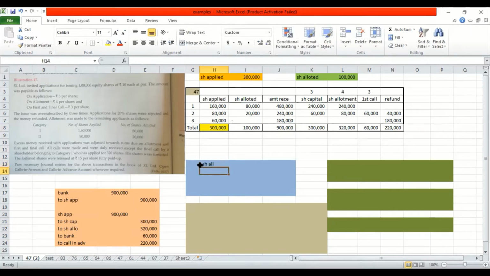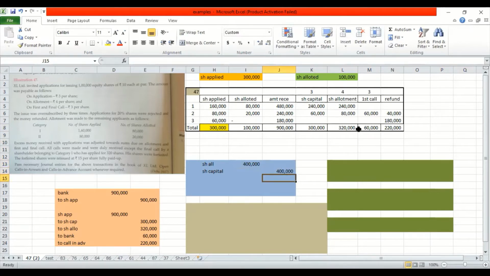Share allotment debit to share capital. What are the figures? 1 lakh. Don't write 1 lakh. It's 1 lakh into 4. So it is 4 lakh. Same thing over here, I'll put the figure as 4 lakh.